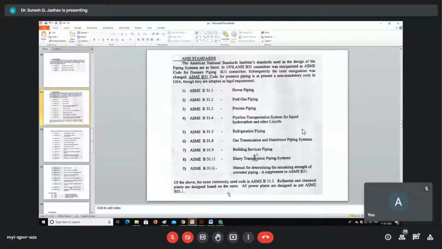All applicable requirements of the selected codes shall be met. For some installations, more than one code section may be applied to different parts of the installation. For instance, we can go for more than one code section, might be ASME B31.1 and another code, ASME B31.3.